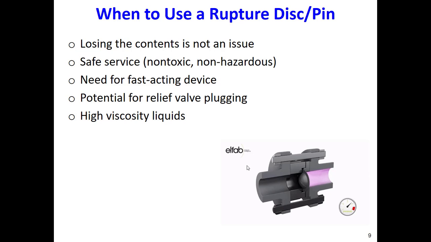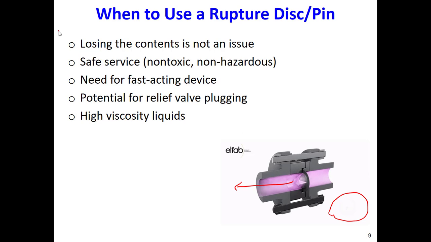The rupture disc that you can see here is used in the pipeline to block the pipeline or vessel, and once the pressure increases up to a certain pressure, which is the rupture pressure, the disc will rupture, and it will relieve the pressure. In which case will we use this type of device?